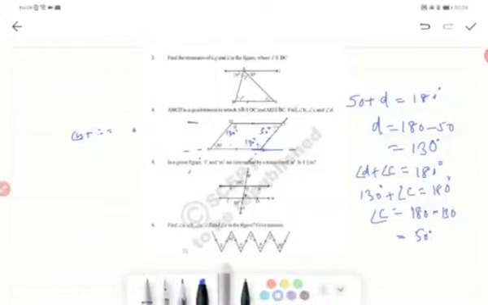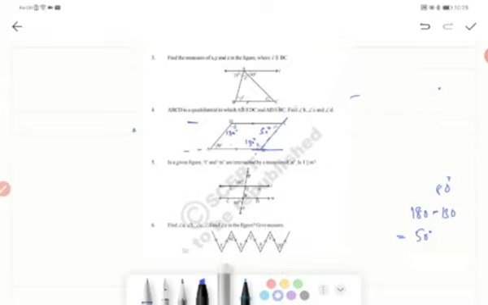Let's see your fifth problem now. All the problems are very easy. You can handle these questions very easily and systematically. Now in the given figure, L and M are intersected by a transversal line N. Is L parallel to M?